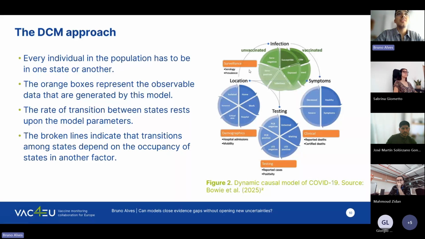The orange boxes that we are seeing here, the surveillance, the demographics, the testing, and the clinical, mean the data that this model will generate, the outputs that this model will provide. So these allow us to better understand what is underlying what we are trying to assess, in a more complex approach than only a conventional SEIR model would allow us to do.